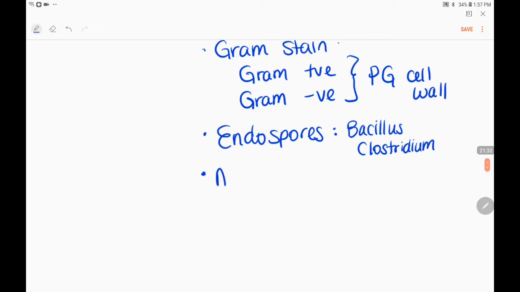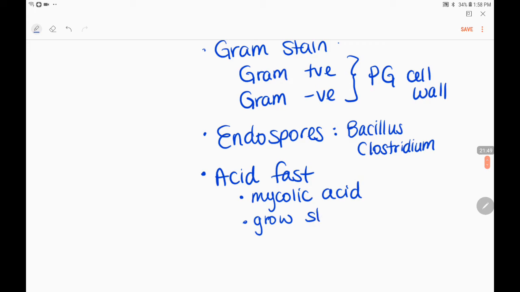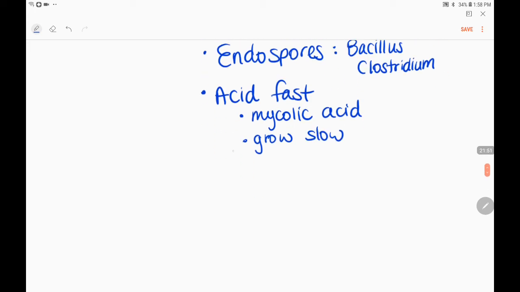Finally, the last group that we can look at are the acid-fast cells. These cells have mycolic acid instead of peptidoglycan in their cell walls. They grow slowly because that acid is hard to make. These are found in Mycobacterium, because you see the myco for mycolic acid.